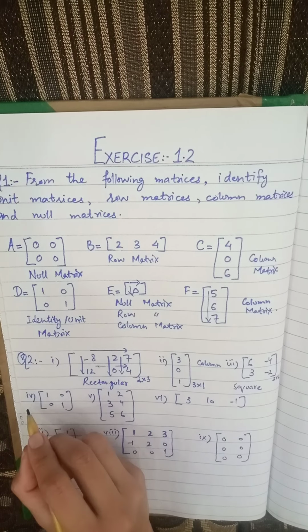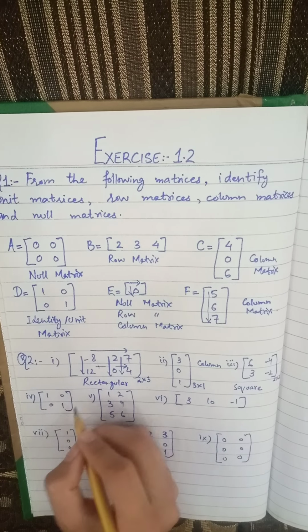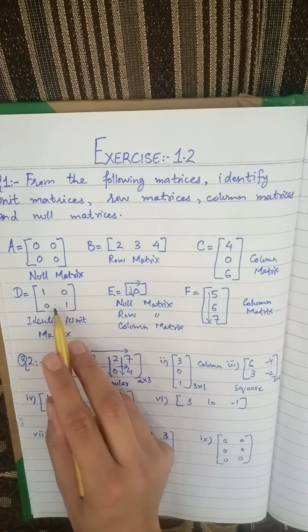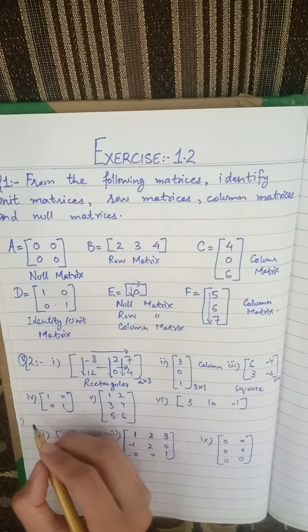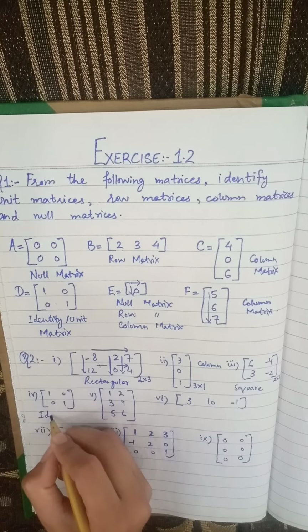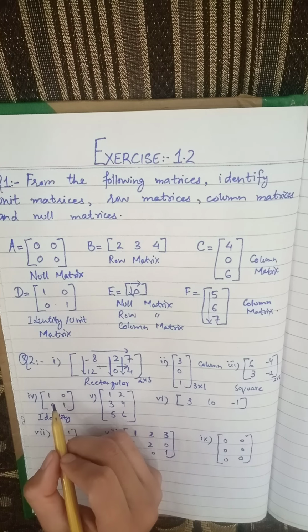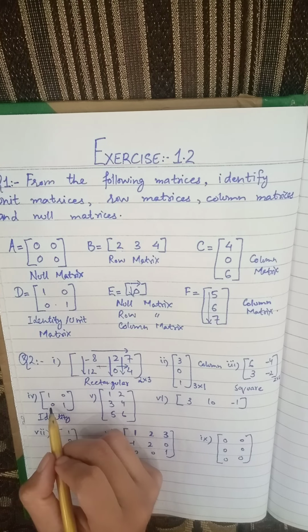Number 4. As you can see, I have discussed it in question number 1. It is the identity matrix. Why? Because it's a square matrix having only entries in the diagonal and they are 1.